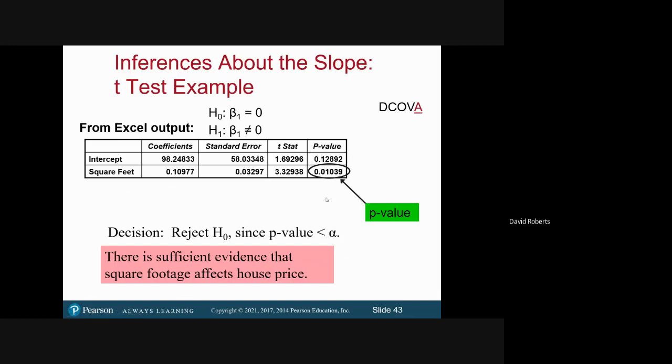And using Excel, we can easily do multiple regression, not just single regression. But it's really important just to see, with single regression, oh, okay, square footage causes the price of the house to go up. And I'm almost 99% sure that that's correct. Remember, the p-value is the rejection region.